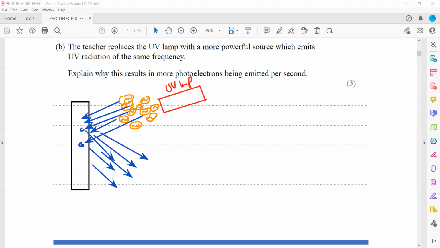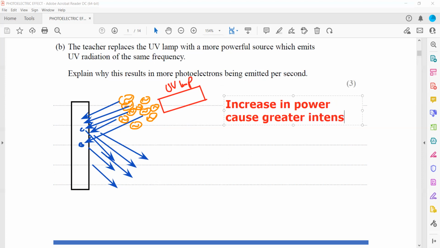When we increase the power here, it means we increase the number of photons per second. An increase in the power will give a greater intensity. Higher intensity means there will be more photons in a unit time from the source.